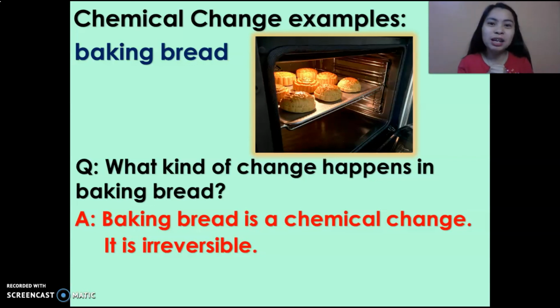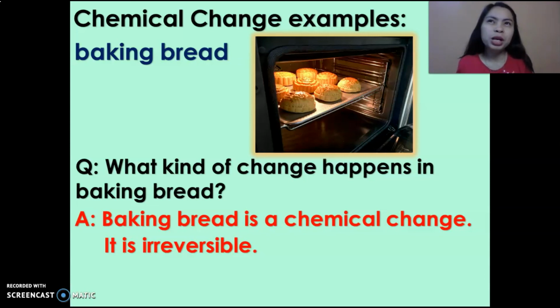Freezing of water is a physical change. Okay. And how about what kind of change happens in burning wood? What kind of change happened in burning wood? Correct. Okay. Burning wood is a chemical change.